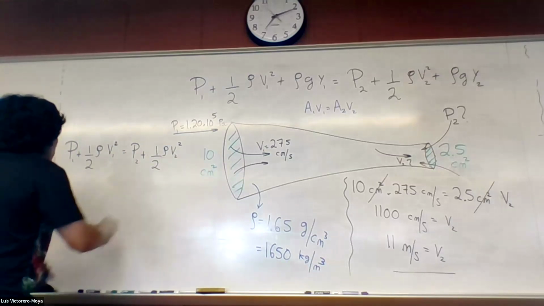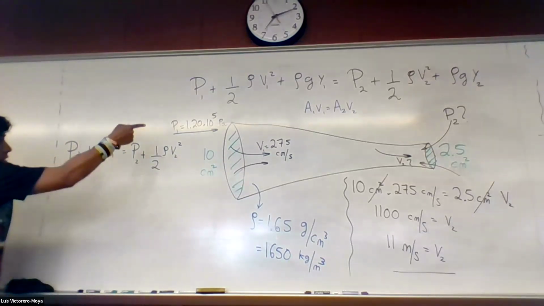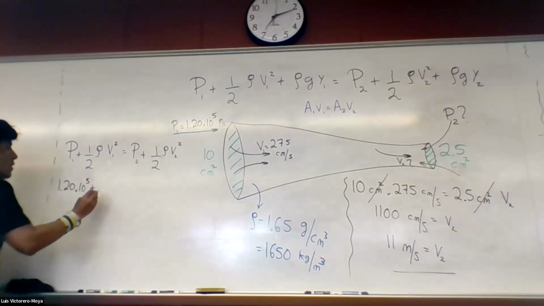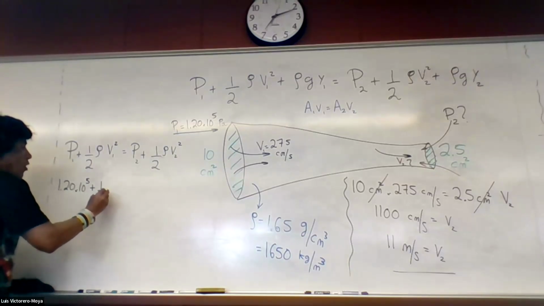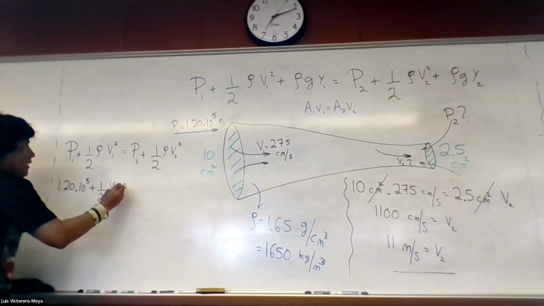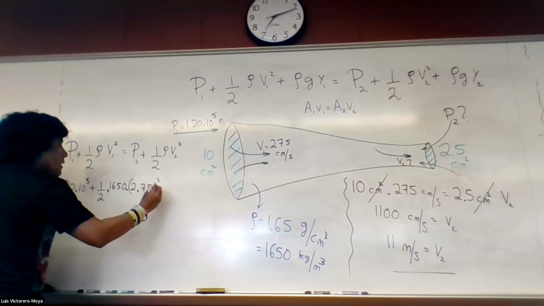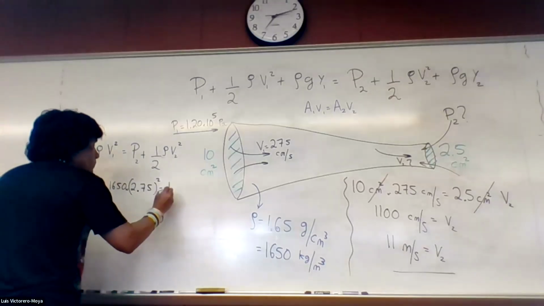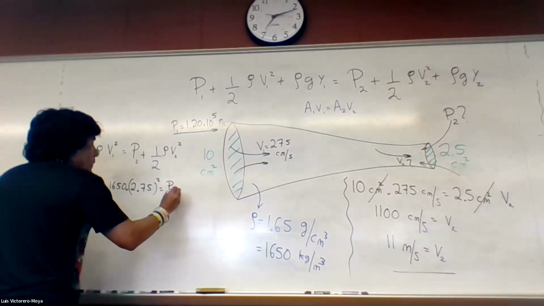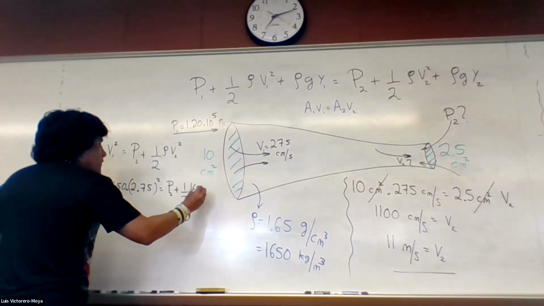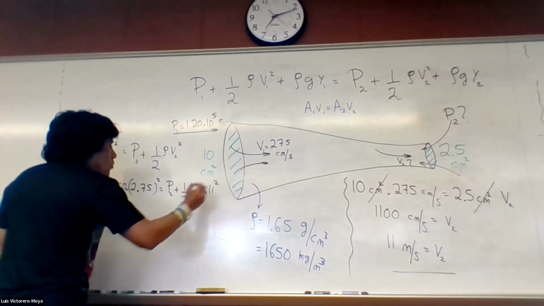So I have the density. So I put it in here. So P1 is that. Plus 1/2 of 1,650 times V1, 2.75 squared. That's equal to P2, which is what I want, plus 1/2 of 1,650 times 11 squared.